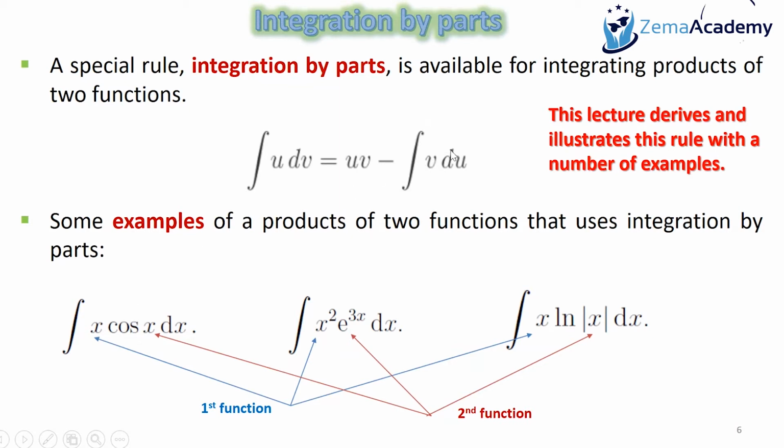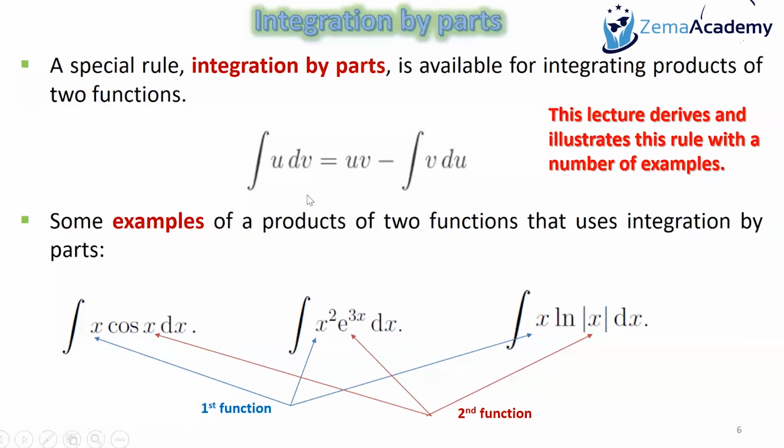And then we are going to evaluate the answer based on the right hand side of the formula. I will be solving this out in the next few slides, but I just wanted to show you how this integration consisting of two functions can be related with the standard formula.